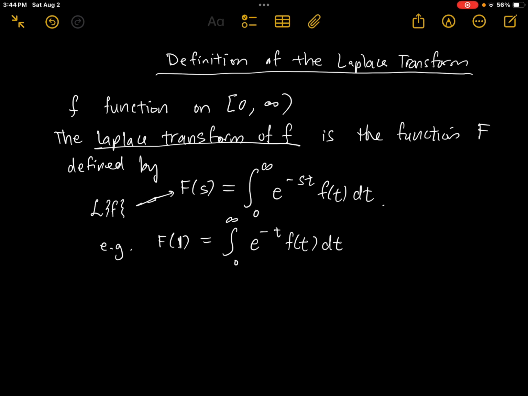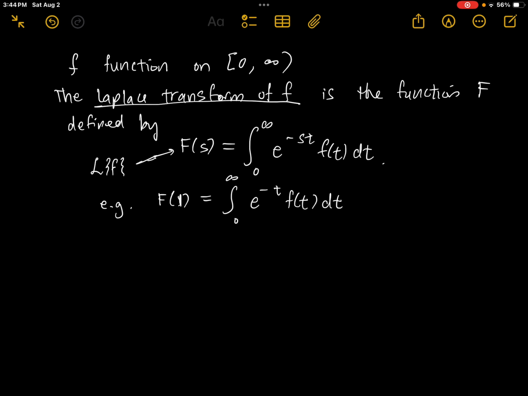So notice that the little f, you can think of it as something that you plug in to capital L. So capital L is taking the function little f as the input. And it's spitting out a new function, capital F. And it's typical to use the notation that little f is a function of t and capital F is a function of s.